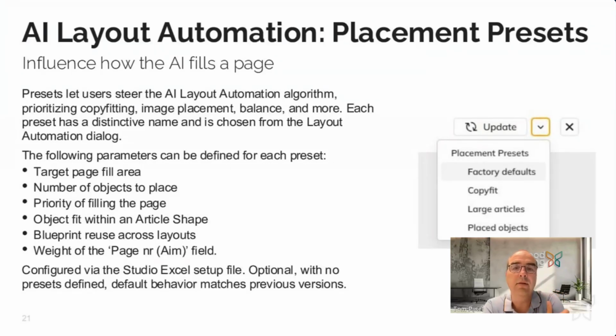If you're at the end of the production cycle and close to the deadline, you might want to select a preset that ensures that all the articles nicely fit on the page. That in the end is a decision that you can make as a user. In the UI, you can select the preset that you would like to use, and then the plan is regenerated.